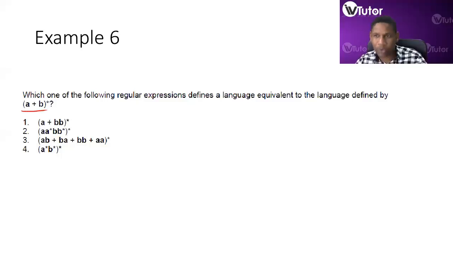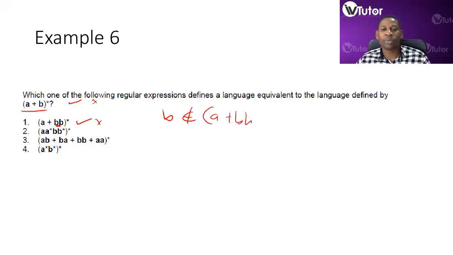So for us to be able to do that, we need to know, if you're comparing these two, which word is in this language and not in that language. Here we can say this one does not accept B. So B is not an element of (A or B) clean star, because whenever there's a B, there's two B's.